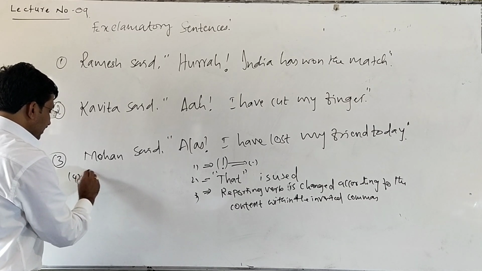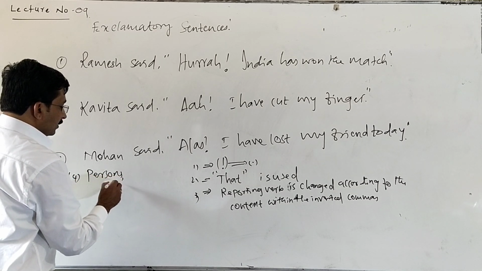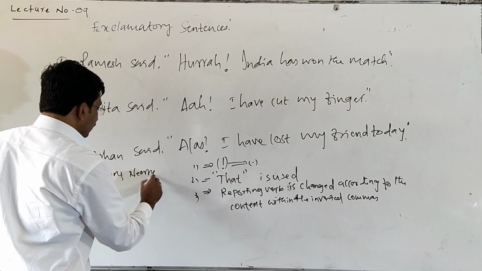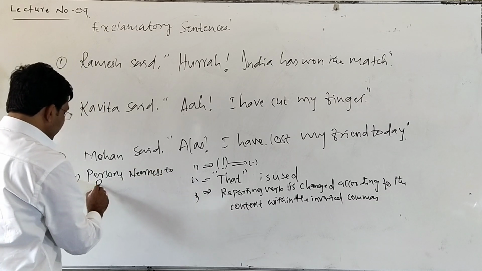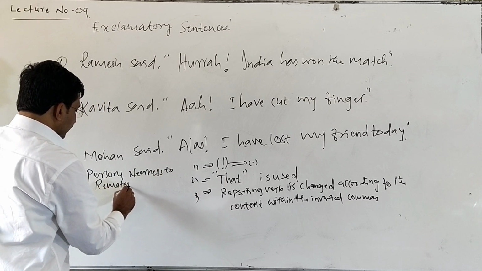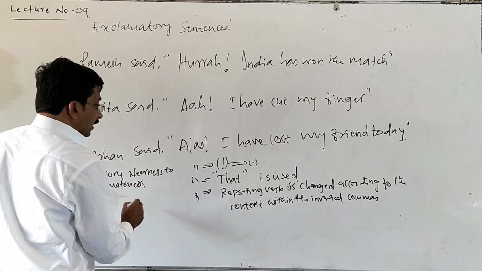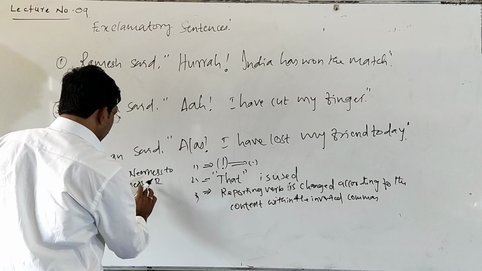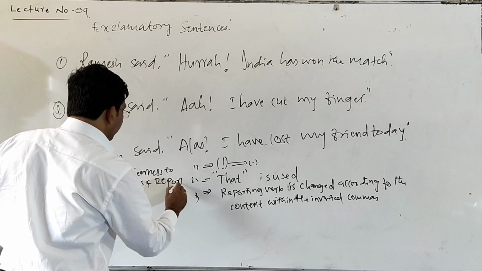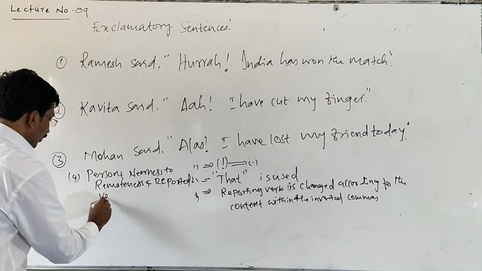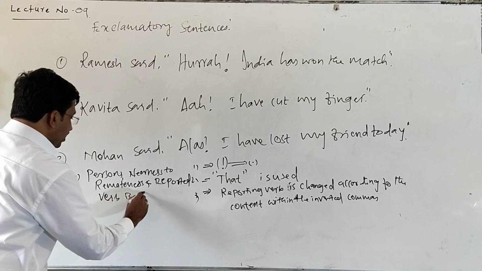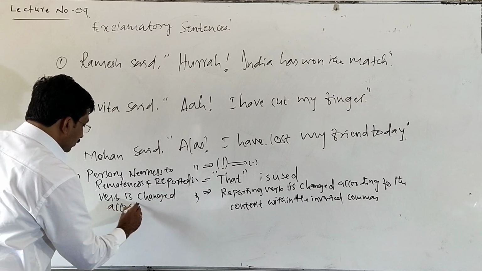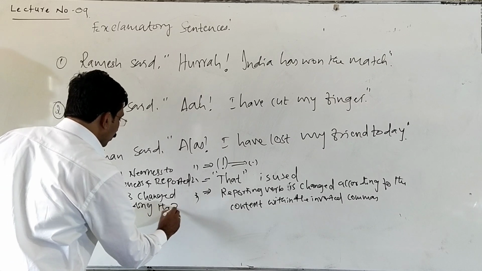Next, 1, 2, 3, 4. Here, persons, then nearness to remoteness, and the reported verb, not reporting, the reported verb is changed according to the rule.